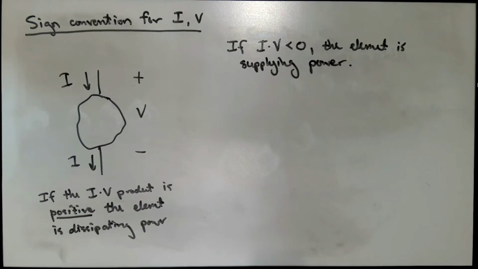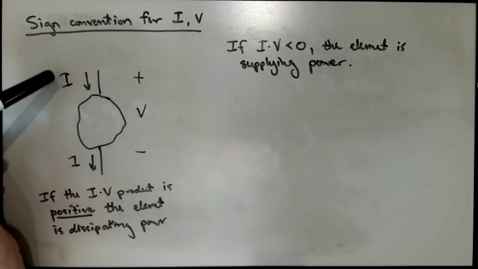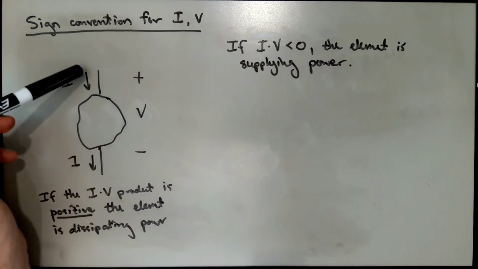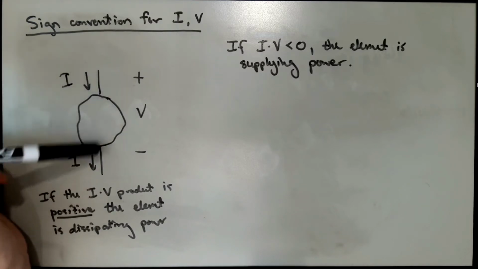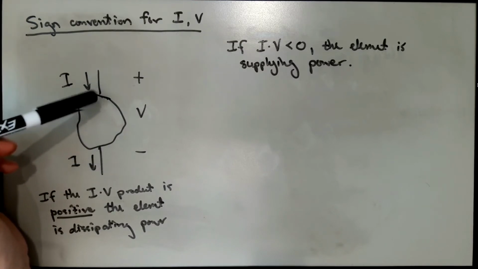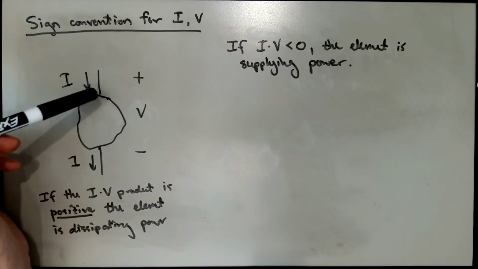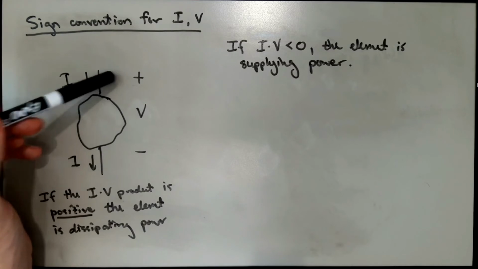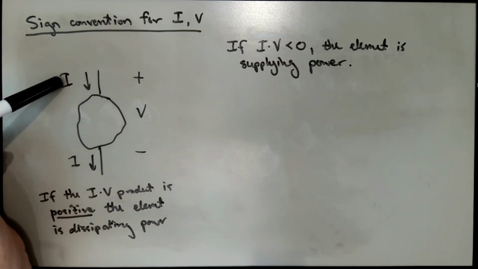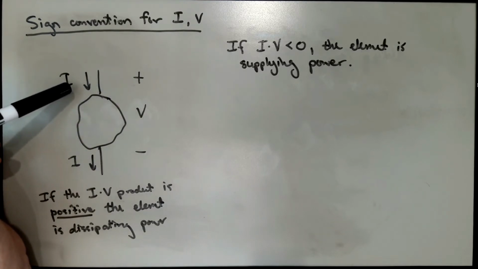So if we adopt this convention and we associate current flowing into the positive terminal and current flowing out of the negative terminal, if we have something like a resistor, we'll find that a positive voltage and a positive current flow, given this association of directions, will result in a positive power computation.